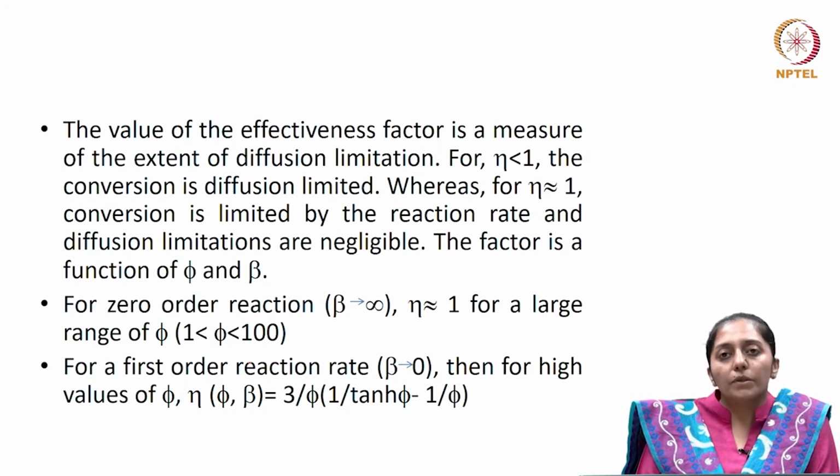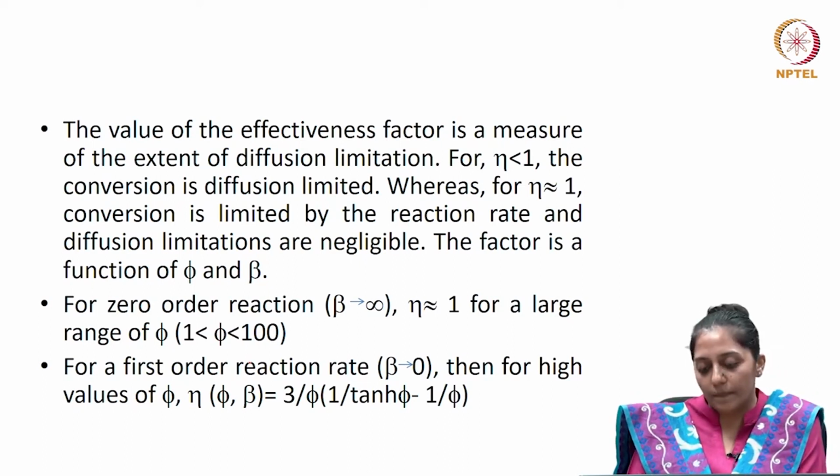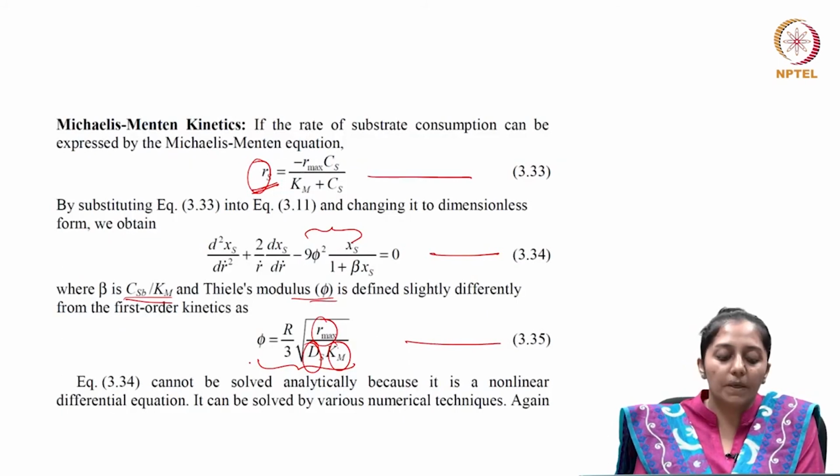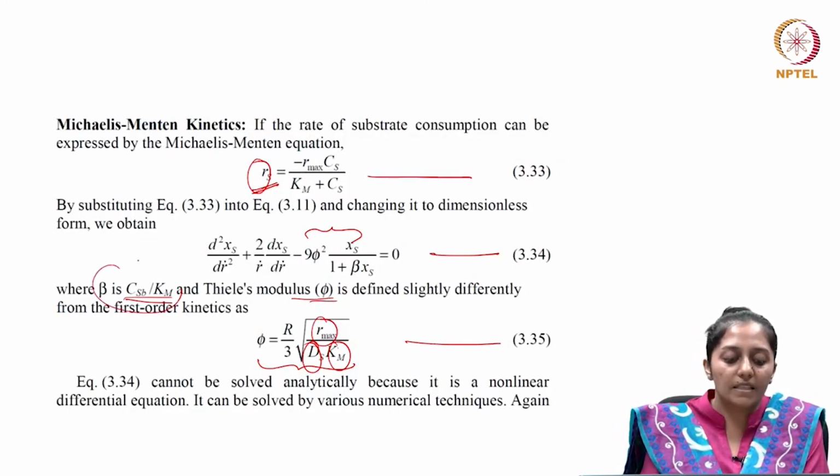Now, if we want to use this as a generalized equation and try to find the conditions for the 0 order and the first order reaction rate. So, if you substitute the value of beta as a very large value, which means beta tending to infinity. So, beta was CSB by Km, isn't it?